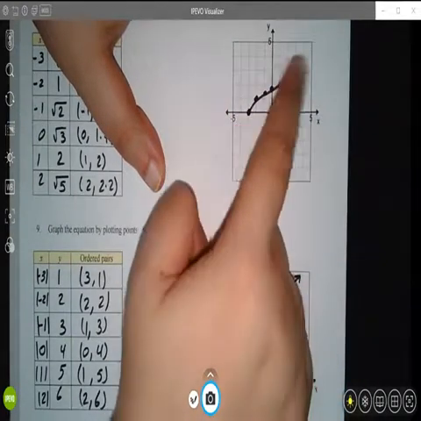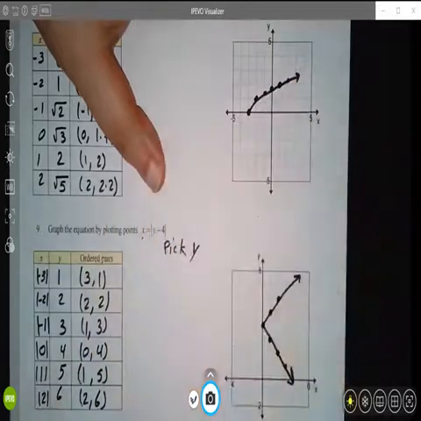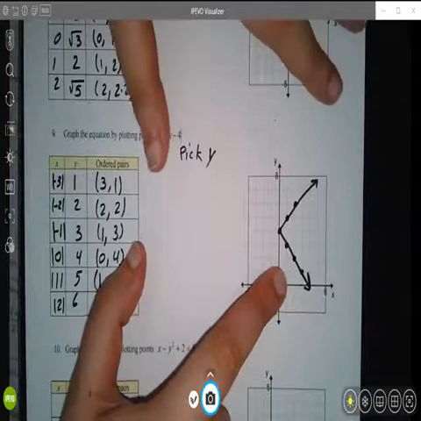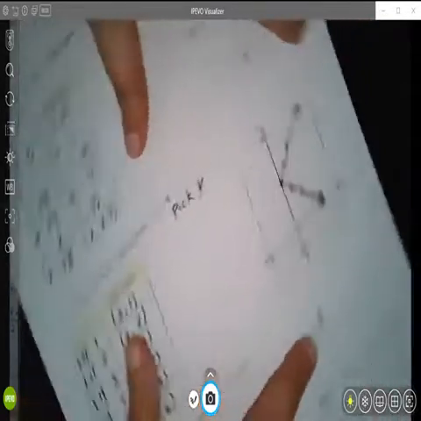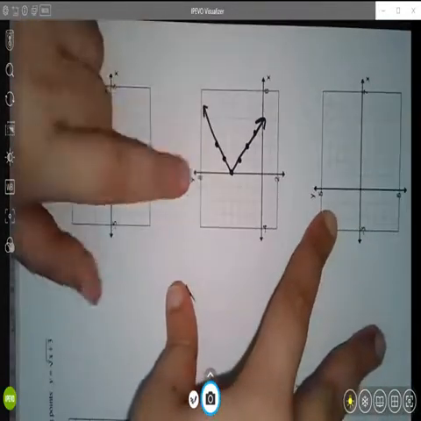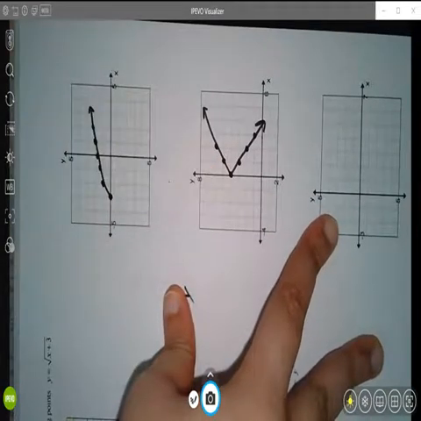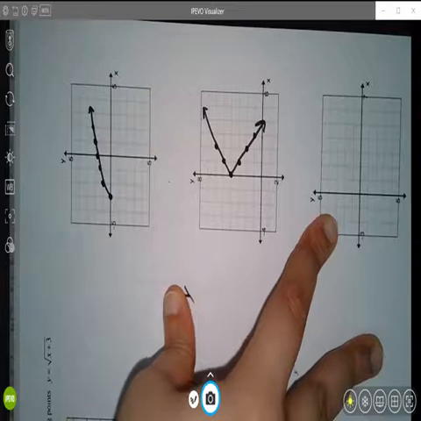So the pattern appears to be along the x-axis. Now, notice here that when I flipped it, it's kind of focused around the y. Like if I flip it, this is what the absolute value function is supposed to look like. Yeah? But we graphed it sideways.